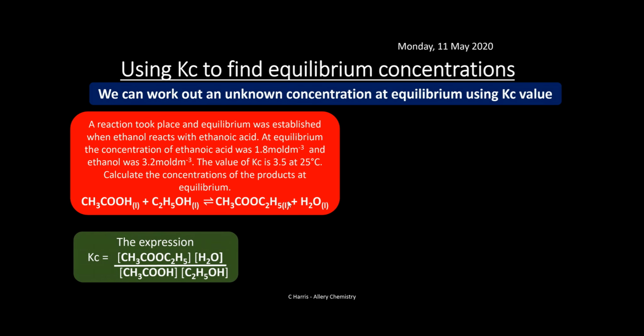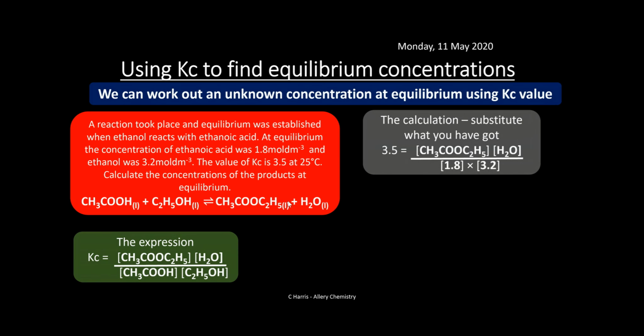So the expression is CH3COOC2H5 and water, and we have CH3COOH and C2H5OH. That's our alcohol on the bottom there. Okay, so it's always got to be products divided by reactants, remember. So the calculation, what we're going to do is just substitute everything that we've got.